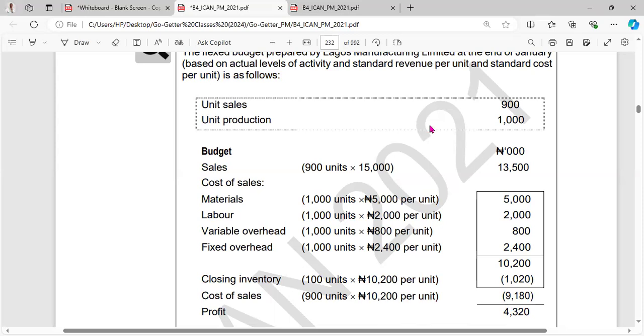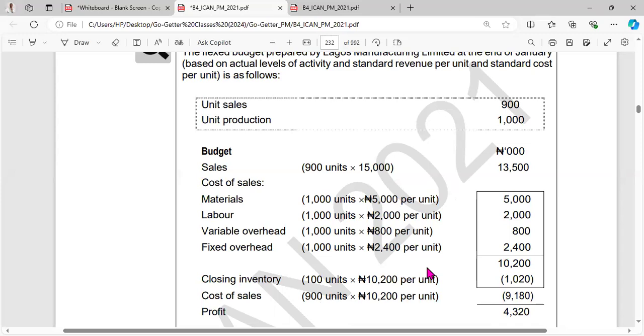So the only difference between the fixed and the flex is for sales unit, it changes to the actual sales that was made in the month. For production, it changes to the actual production done in the month. Of course, your cost of sales is the difference between your sales and the inventory and the production.